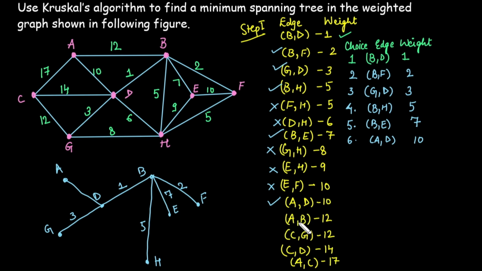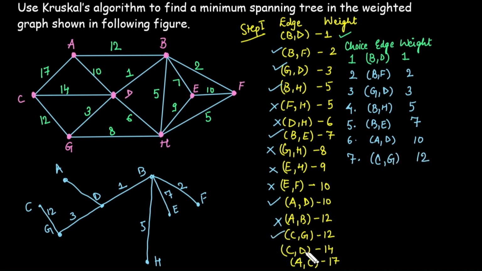Can we include AB? No, because it is forming a cycle. CG? Yes. So we can take this as a part of the spanning tree and the weight in this case is 12. So the seventh choice we have made in this case is CG with the weight 12.